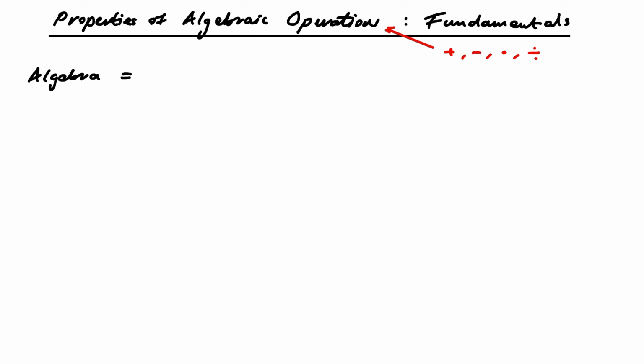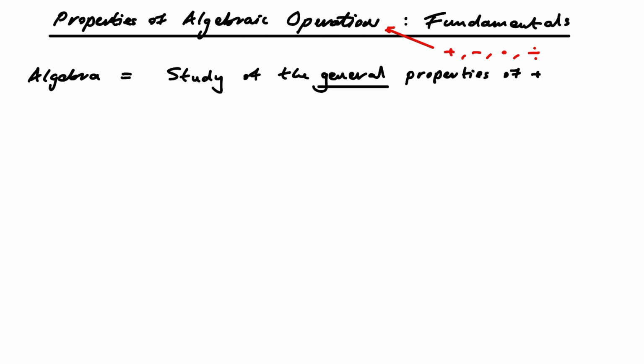Algebra is the study, if you want, of the general properties, so I'll talk about what that means in a second, of these four operations: plus, take away, multiply, and divide. Okay, it's the study of the general properties.